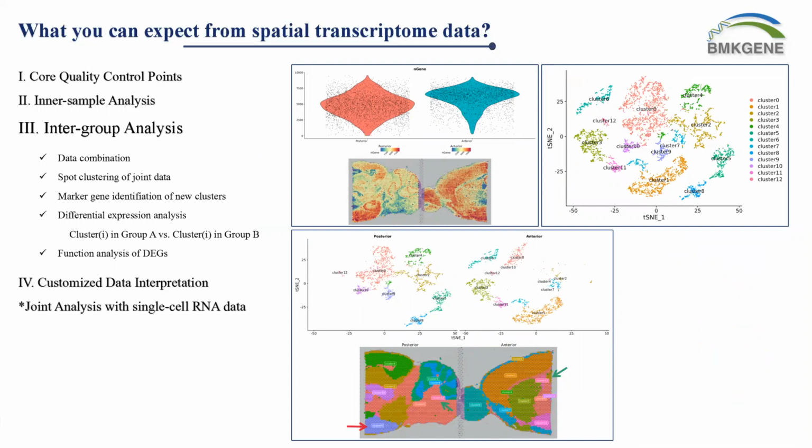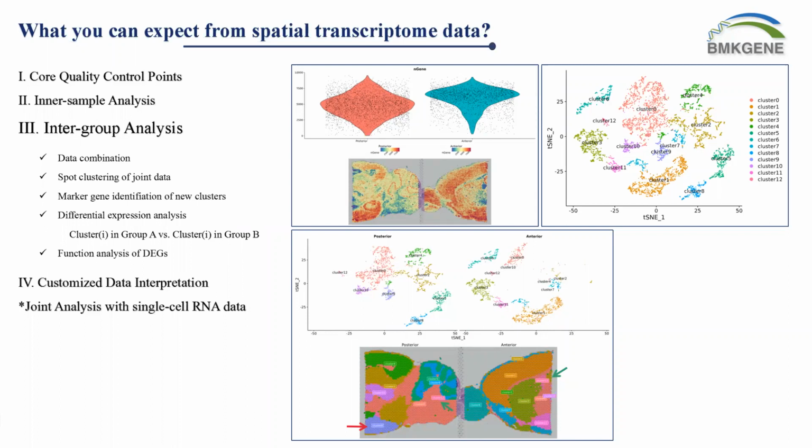And besides this inner sample analysis, if we have two different samples in one study, for example, we are looking at both healthy tissue and also damaged tissues, what we can do after inner sample analysis is combine all the spots of both samples, or if there are more, combine all the spots together and do a reclustering of the spots.